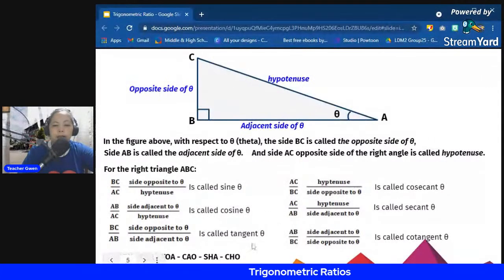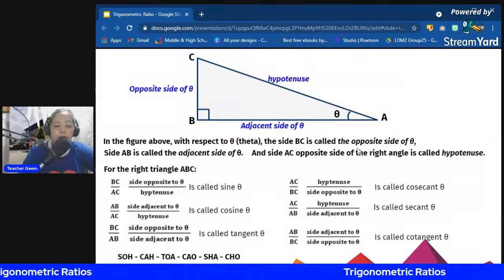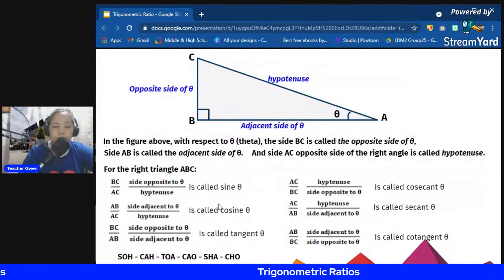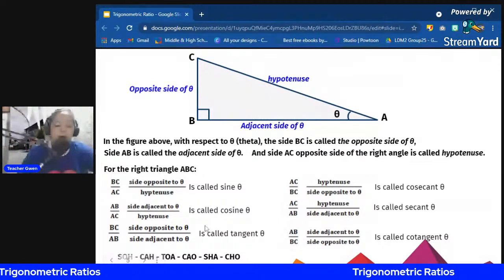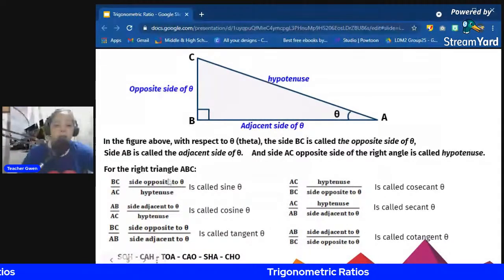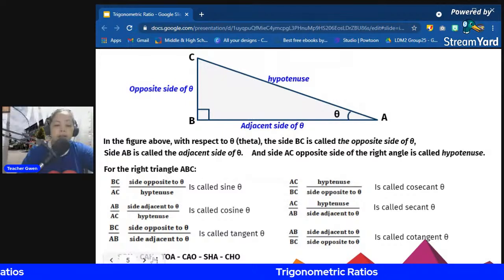So we have here a shortcut, by the way, in remembering the six trigonometric ratios. We have SOH: sine is equal to opposite over the hypotenuse. It's a mnemonic. CAH: cosine is equal to adjacent over hypotenuse.